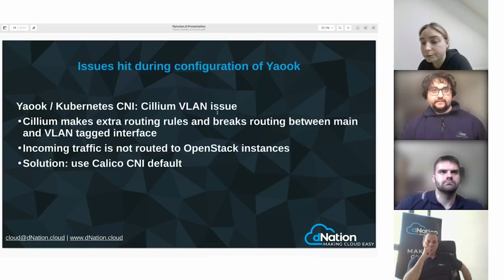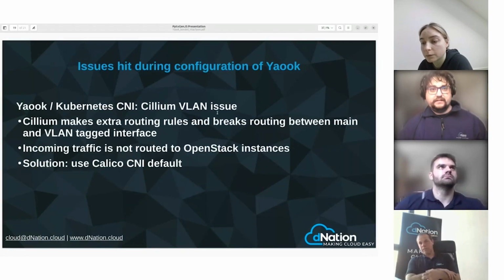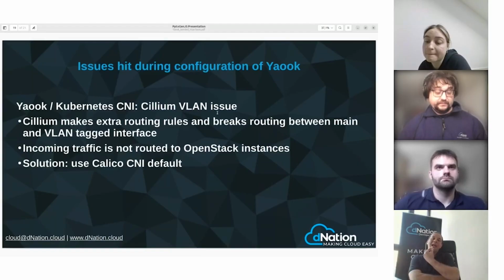Like the main interface and the one which is usually marked by .4000 or whatever the VLAN you're supposed to use. This was very hard to debug, because it wasn't really clear that there are some additional Cilium rules.